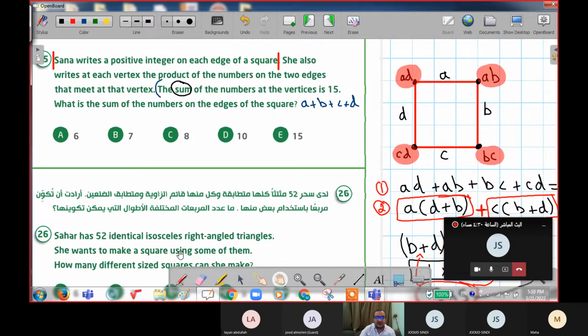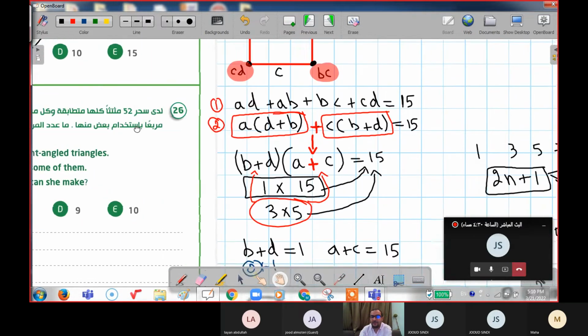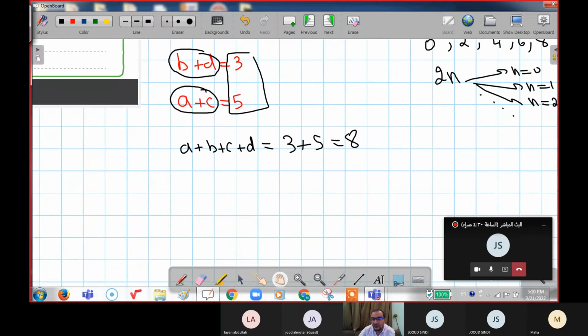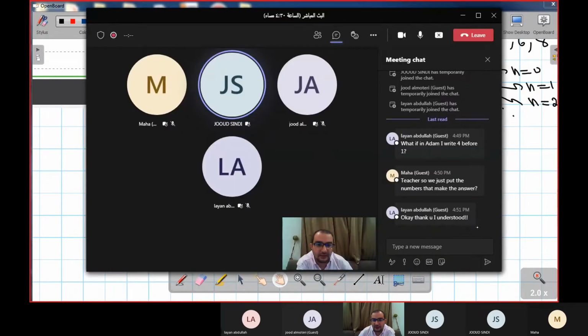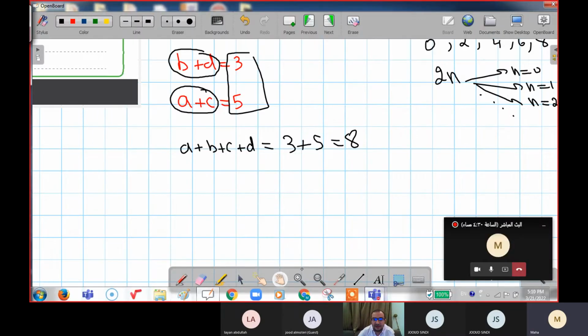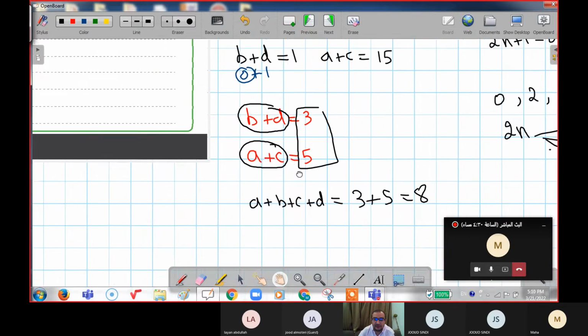Okay, so C. Any question on this part? Of course, it's not easy. Teacher, what's the answer? The answer is C, 8.